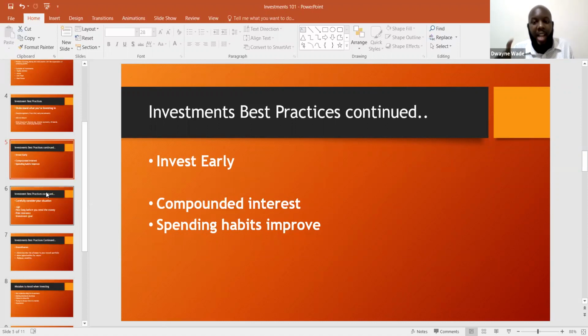Now, dollar cost averaging is pretty much purchasing assets from time to time at different prices. So let me use JMMB for example. If you purchased JMMB shares last year when the price was $50, right?